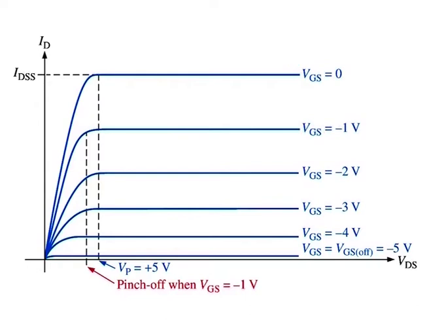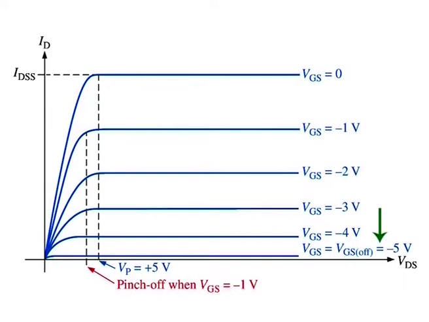However, pinch off occurs for VDS values less than Vp when VGS is non-zero. So, although Vp is a constant, the minimum value of VDS at which ID becomes constant varies with VGS.